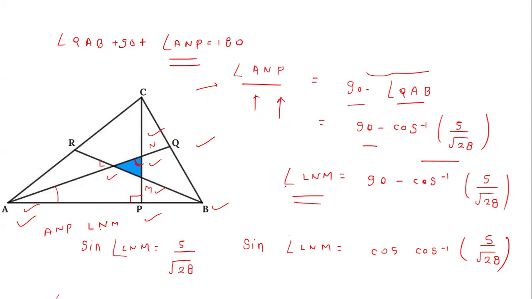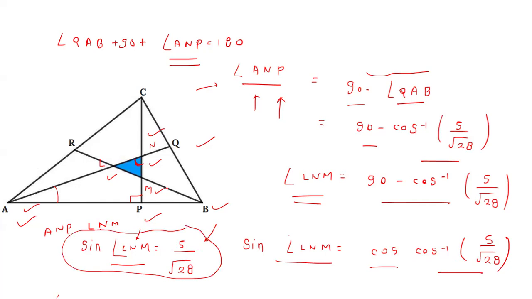And if you take sine on both sides, it becomes sine of angle LNM, and sine of 90 minus theta is equal to cos theta, and theta is cos inverse of this. And now cos inverse of this will simply become the internal thing, 5 divided by root of 28. So we also know the sine of angle LNM. Now we know the sine of angle LNM also. It will come like this.